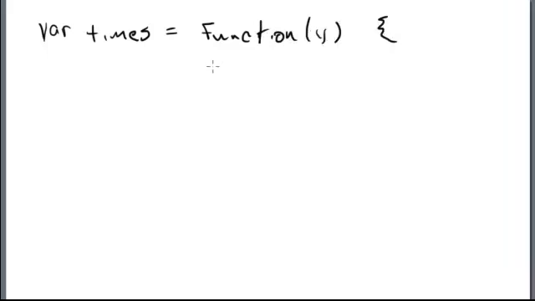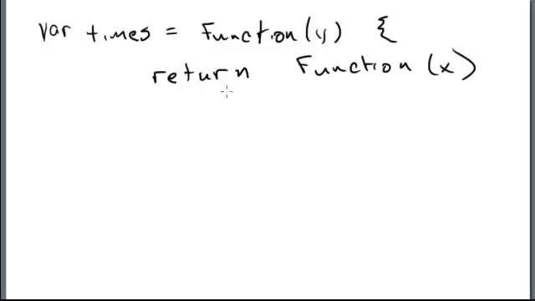Let's go ahead and write that again. Var times is equal to function y, and then it's going to return function x, and that's going to be y times x.